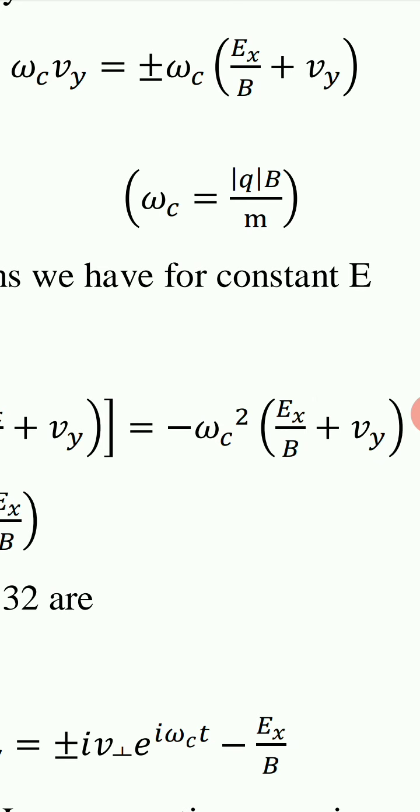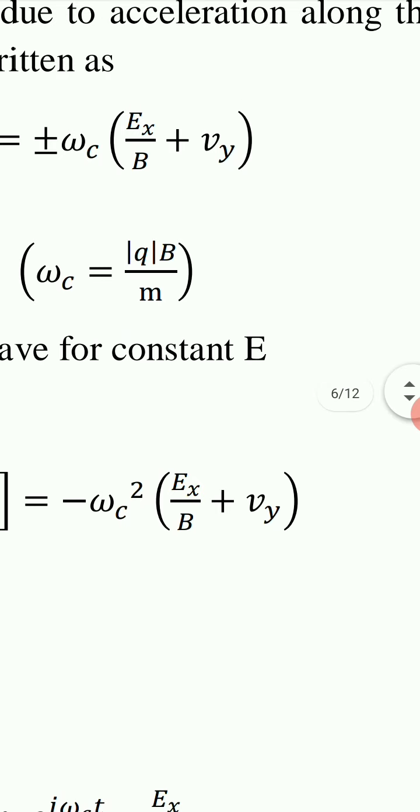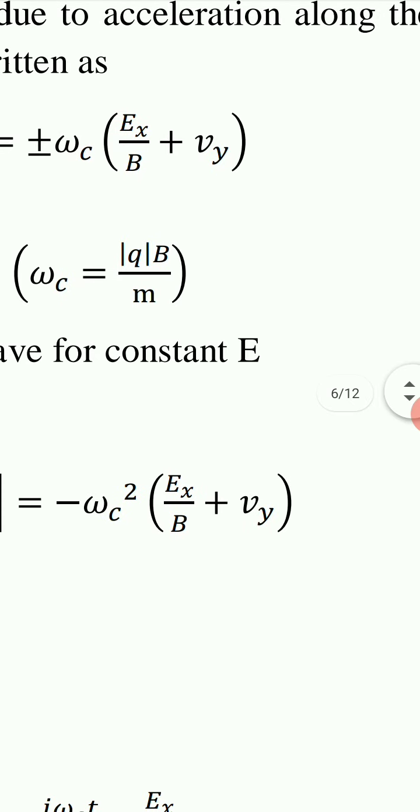Ex is constant, B is constant, so the differentiation of this first term in the right hand side is 0. Differentiation of Ex upon B is 0, and differentiation of Vy is Vy dot. So in the right hand side the differentiation with respect to t gives plus minus omega c Vy dot.